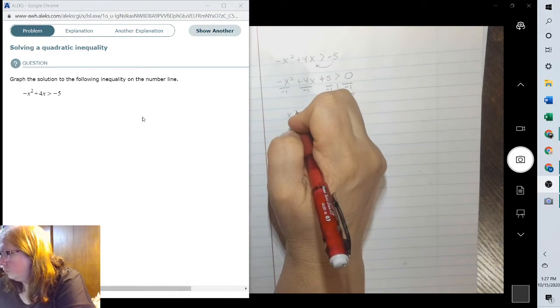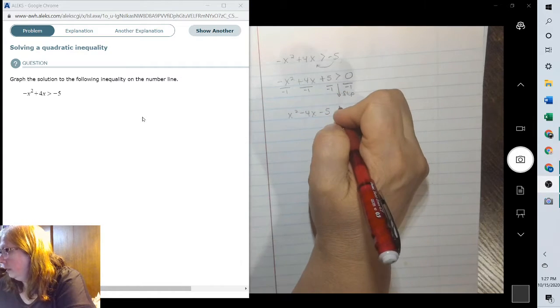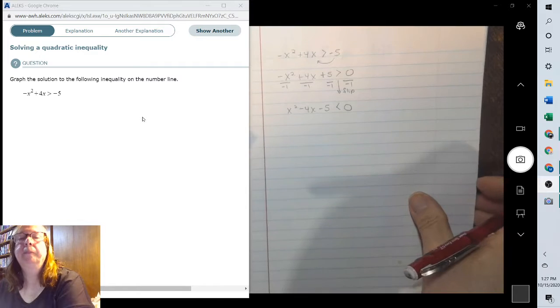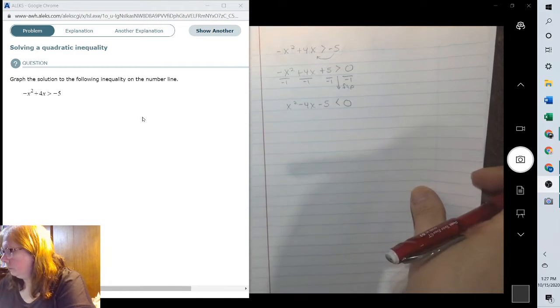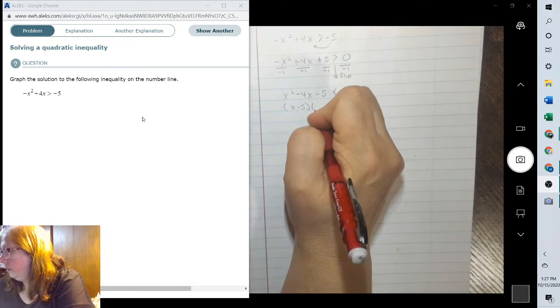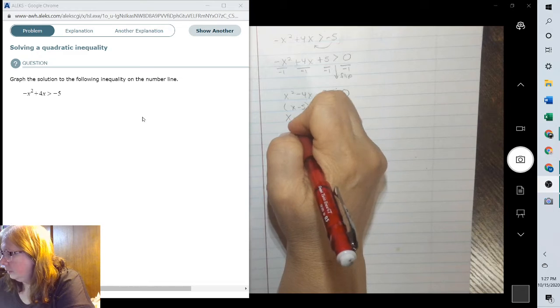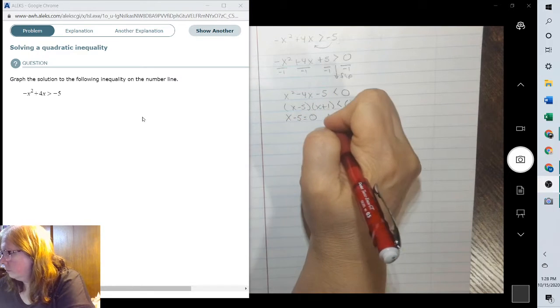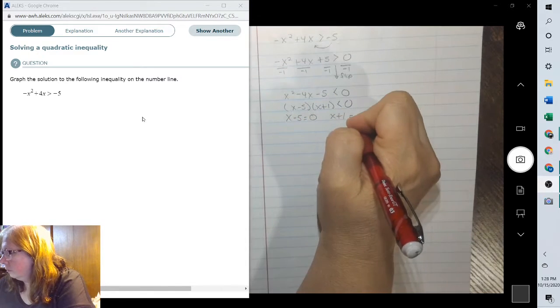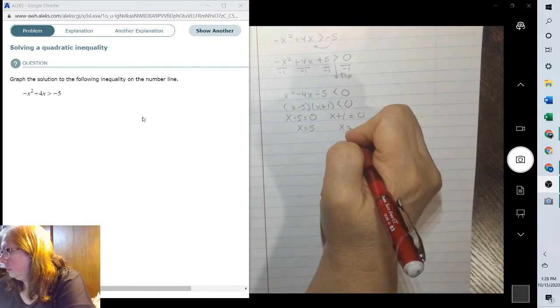So I have x squared minus 4x minus 5 is less than 0. I'm factoring x minus 5 and x plus 1, and then setting each of them equal to 0. I get 5 and -1.